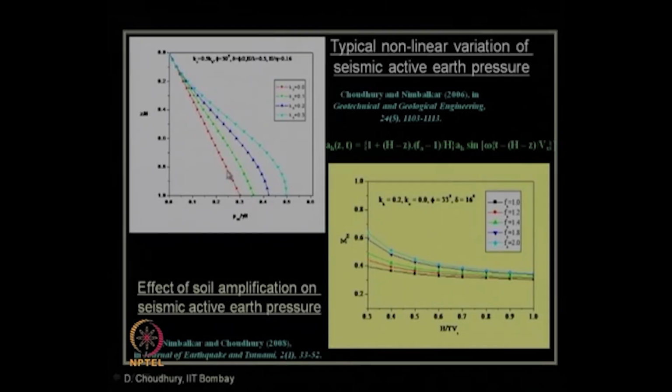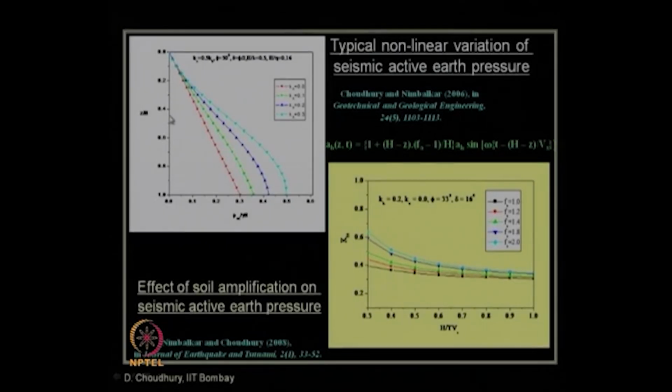The point of application of the total seismic active thrust, which is 1/3 from the base of the height of the wall in the static case, is no longer at 1/3, but shifts upwards. In the passive case it moves downwards, in the active case it moves upward.